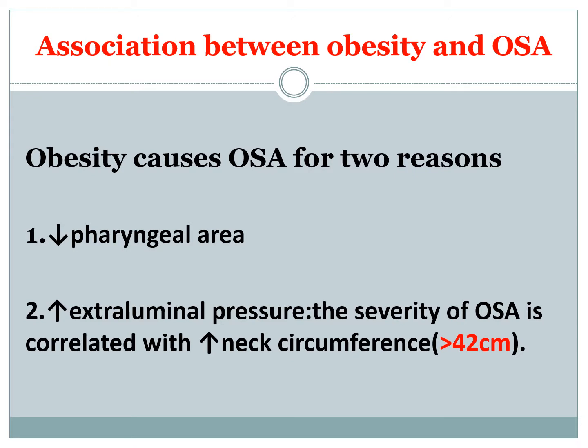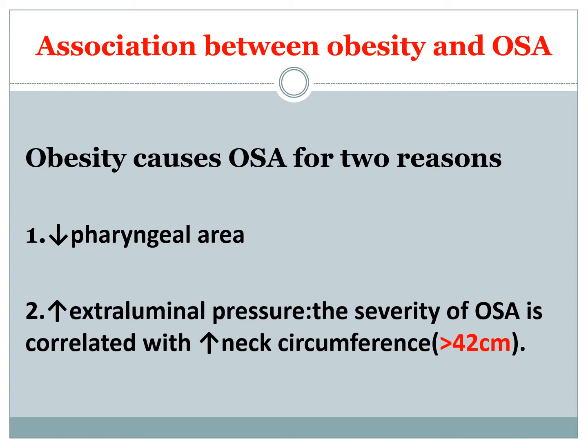Obesity causes OSAS for two reasons. Number one, the deposited fat tissue in the pharyngeal area will decrease its lumen and its patency and its redundancy, making it collapsible during sleep. Second, the deposited fat tissue in the neck externally will produce compression.